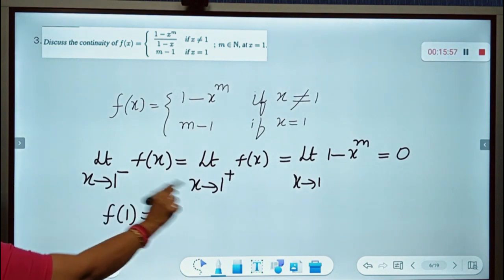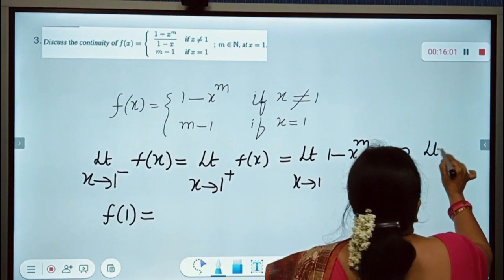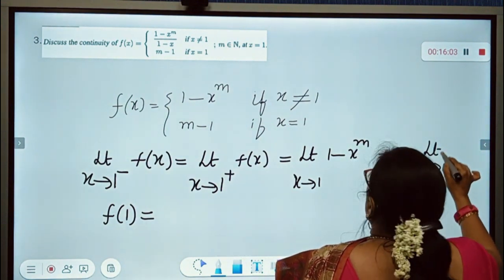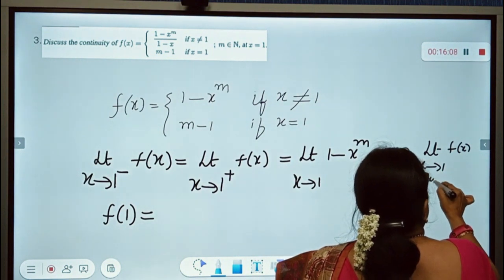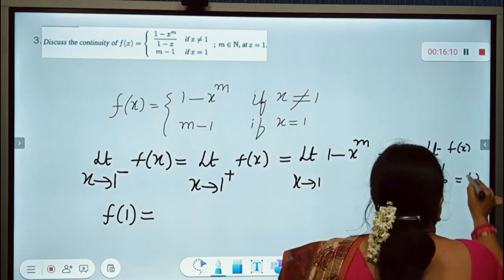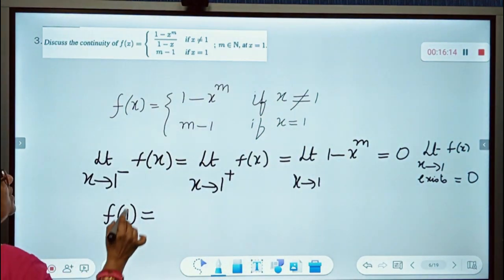So the limit exists. So from this, what is the conclusion? Limit x tends to 1 f of x exists and is equal to 0. What is f of 1? F of 1 is m minus 1.